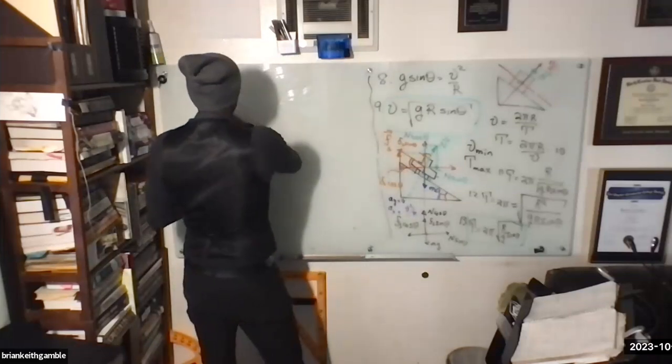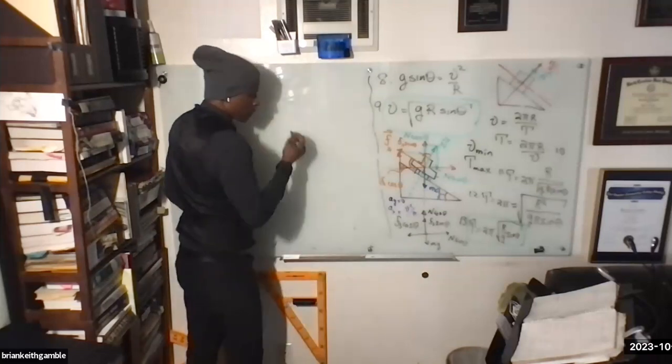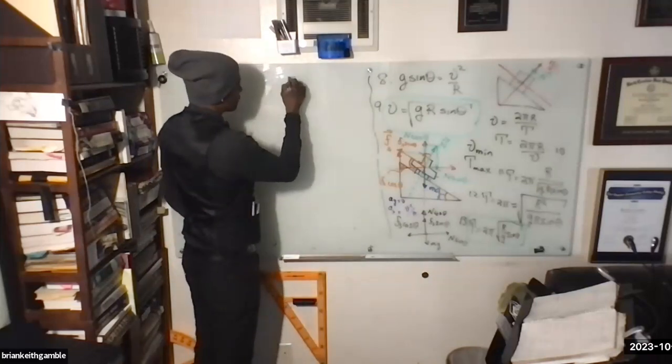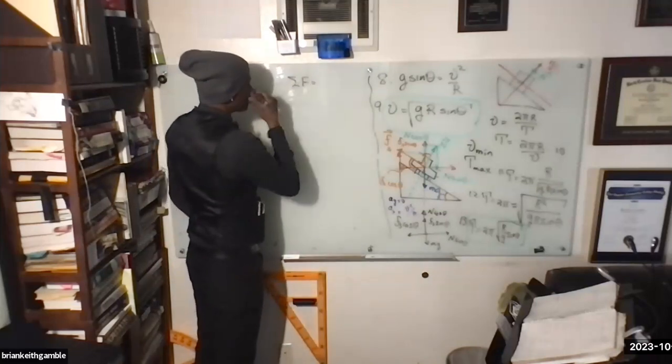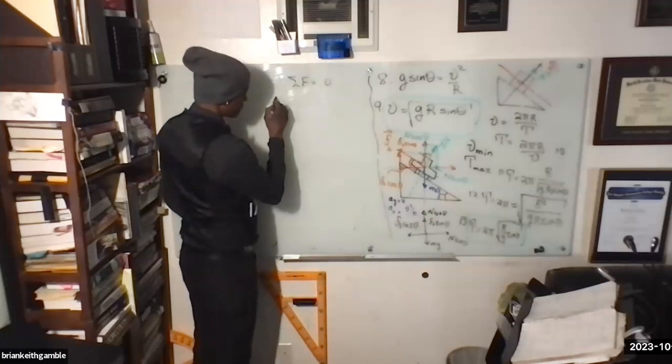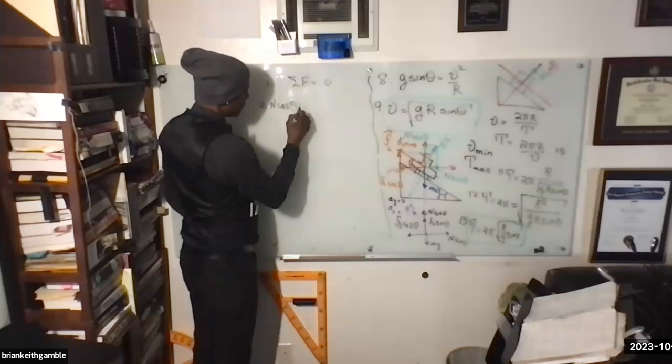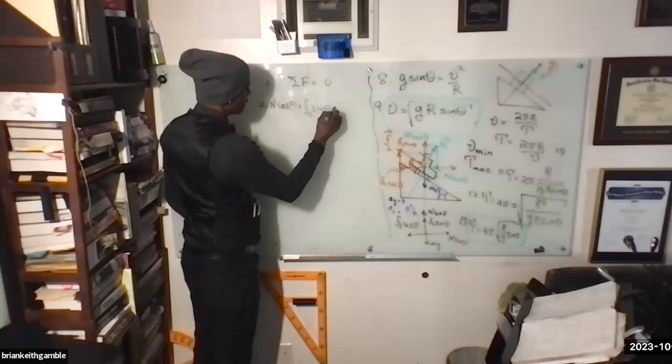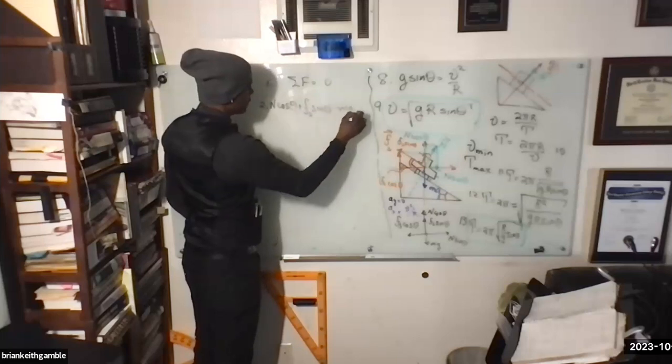So the first law is net force equals 0. So what do we have? N cos theta plus fs sine theta minus mg equals 0.